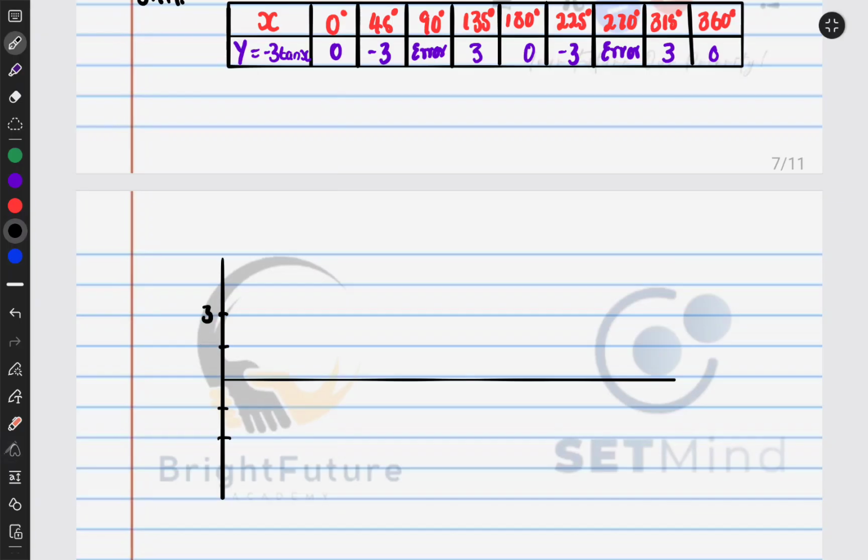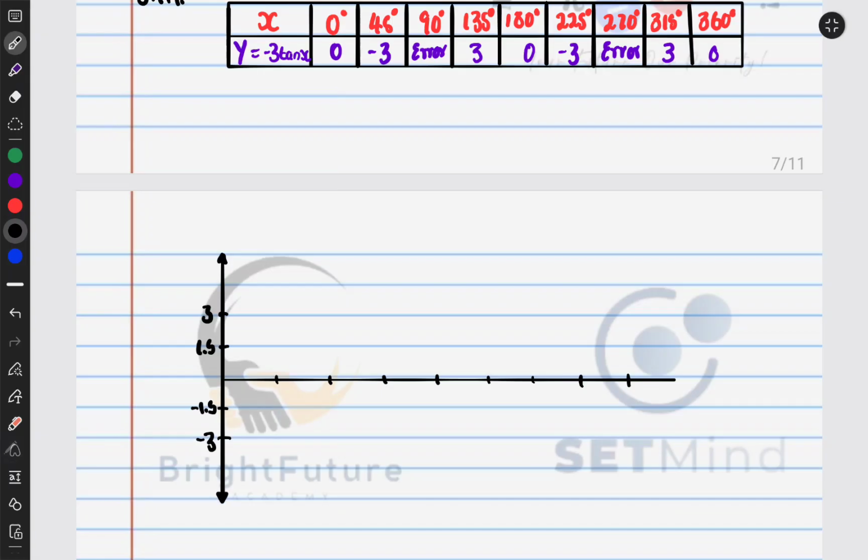We use the intervals of 1.5, and then here is negative 1.5, negative 3, and then we have 0, 45, 90, 135, 180, 225, 270, 315, 360.